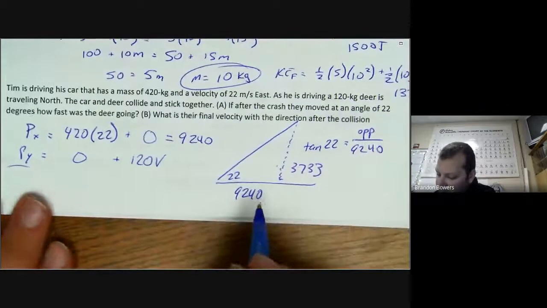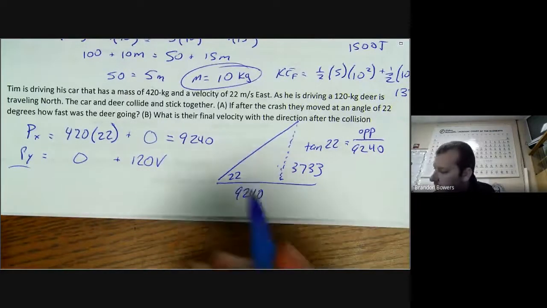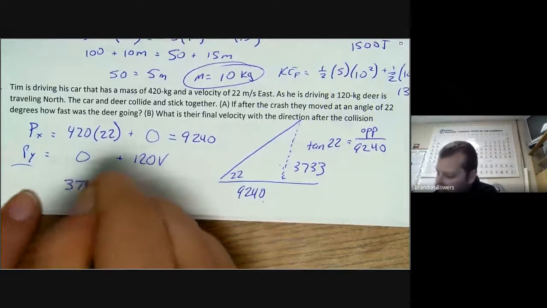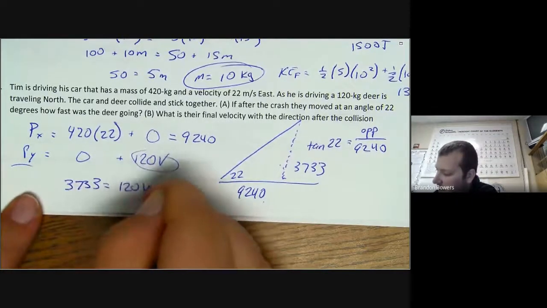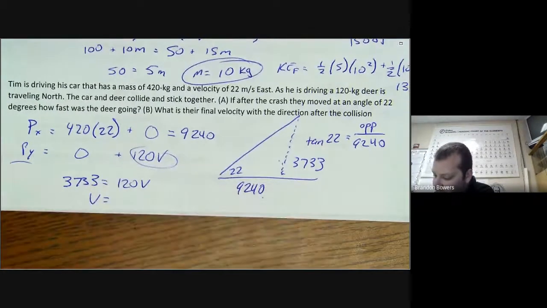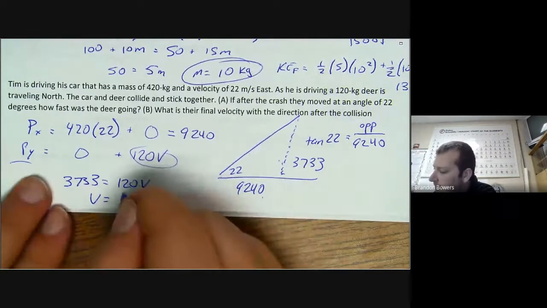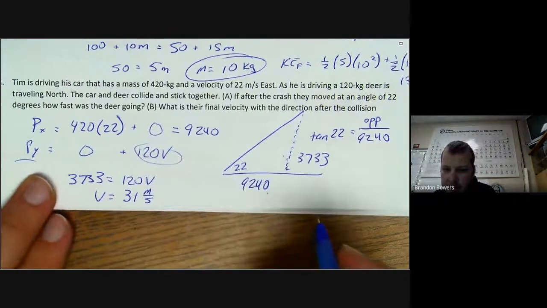So what you can do is set 3,733 equal to 120 v. So the velocity of the deer was, to 2 sig figs, 31 meters per second.